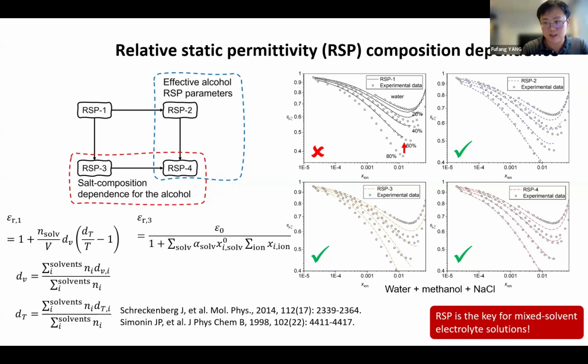So we don't need to change anything in the aqueous part. And this approach could also be used in some other electrolyte equation of state if they have problem with the mixed solvent electrolyte, but they don't want to redo the entire aqueous parameterization.